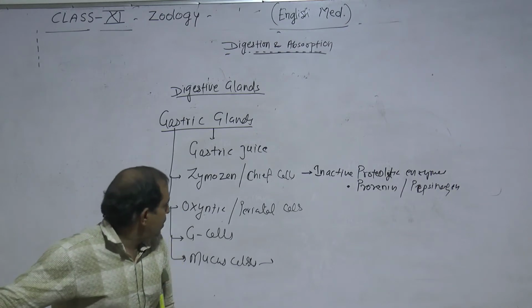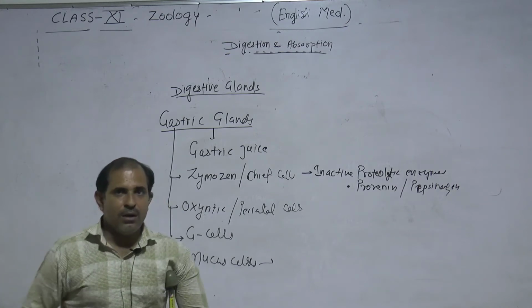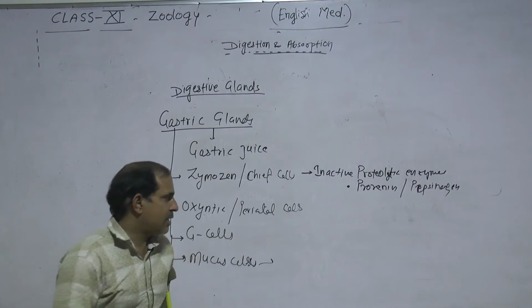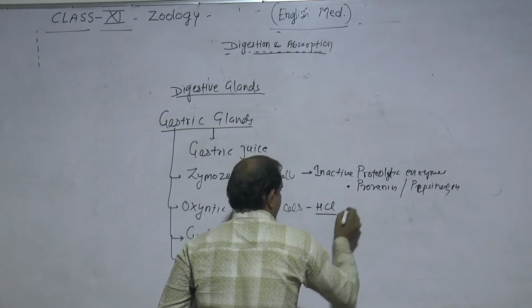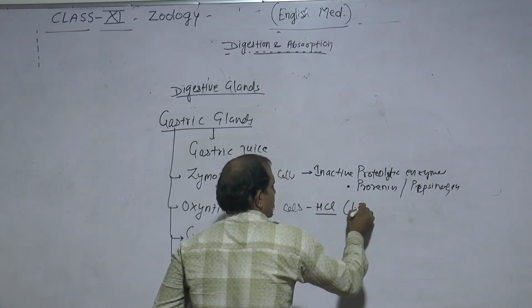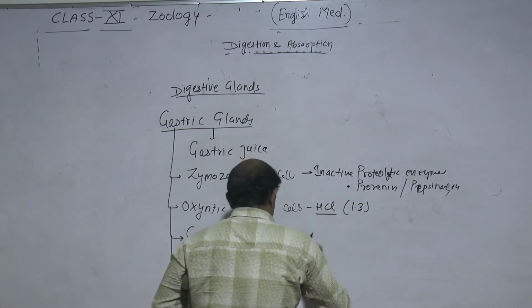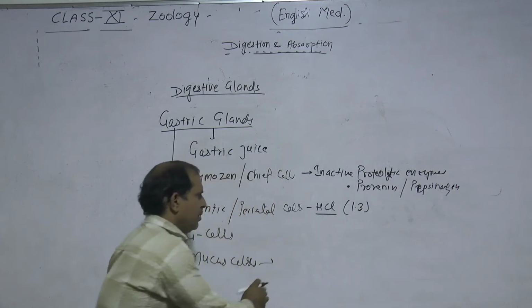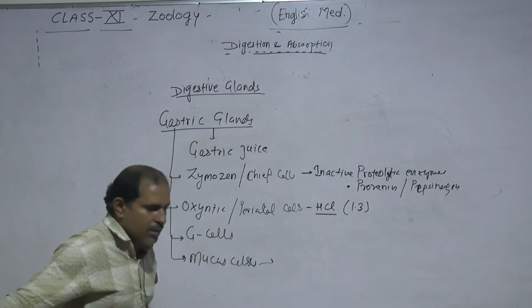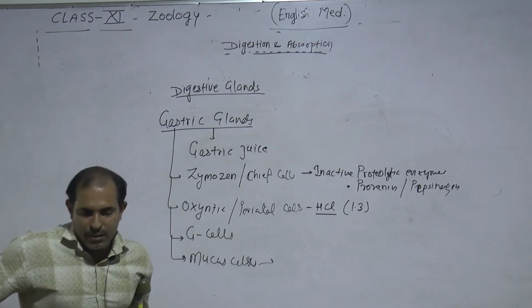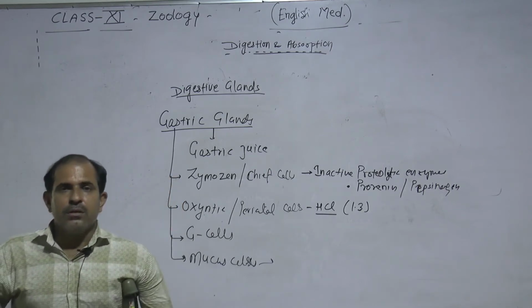And the next cell, the oxyntic or parietal cell, secretes hydrochloric acid, whose pH is 1.3. The pH of HCl is 1.3. It means it is a highly concentrated acid. And HCl performs different types of functions.